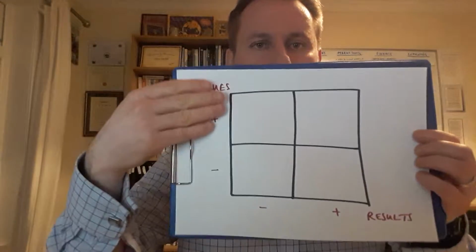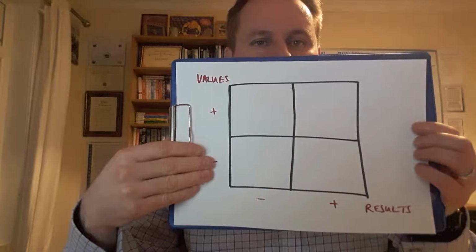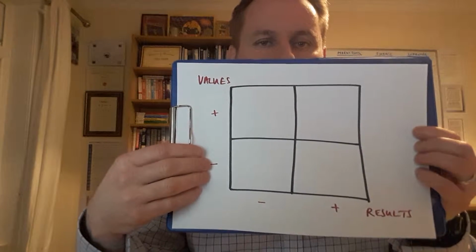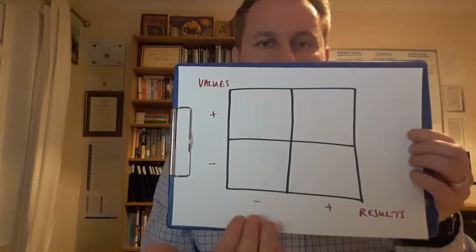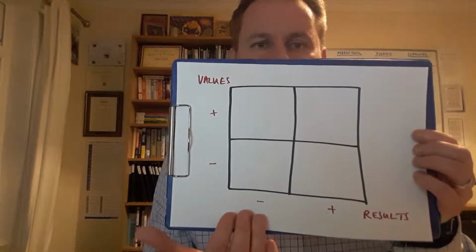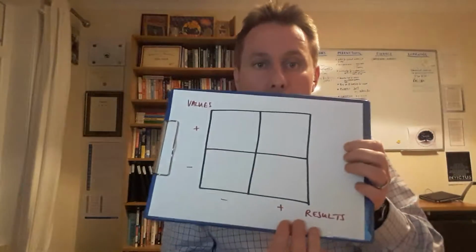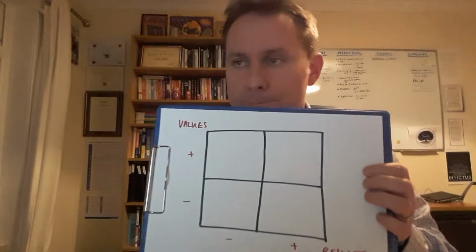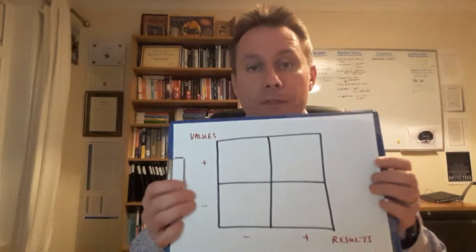Are they displaying positive, good values, or actually do they not necessarily identify with what you hold to be important? And then along the bottom we've got results. Here we're looking at people who aren't really posting good results right now, and over here people who are posting good results. So that's the way of creating the matrix.